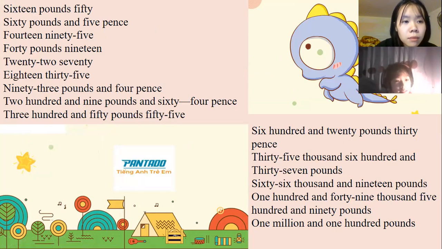Pounds. 14.95, 40 pounds 90, 22.70, 93 pounds and 4 pence, 209 pounds and 64 pence, 350 pounds 50 pence, 620 pounds 30 pence, 35,637 pounds, 66,019 pounds, 149,590 pounds, 1,100,000 pounds. Okay. Next one.